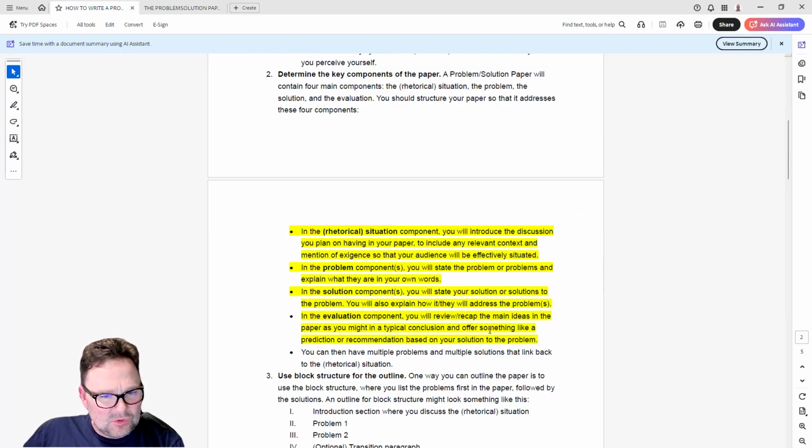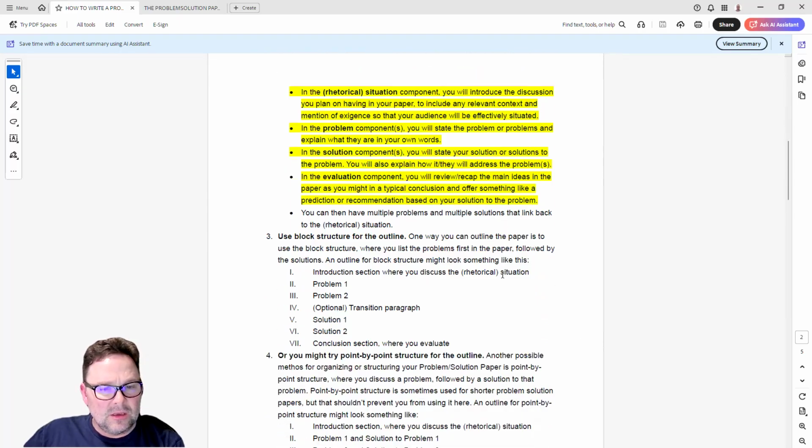But in this sort of conclusion, in addition to the standard moves you might do in a conclusion, you're going to evaluate and sort of come to terms with the solutions that you propose to the problems. And so you're going to do a little bit more work than you may do in a regular conclusion.